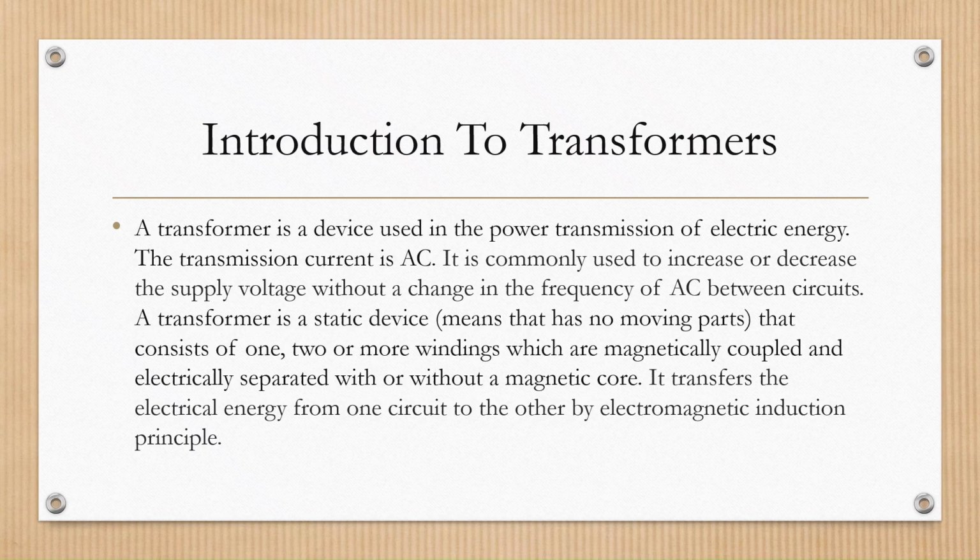A transformer is a static device, meaning that it has no moving parts, that consists of one, two or more windings which are magnetically coupled and electrically separated with or without a magnetic core. It transfers the electrical energy from one circuit to the other by electromagnetic induction principle.